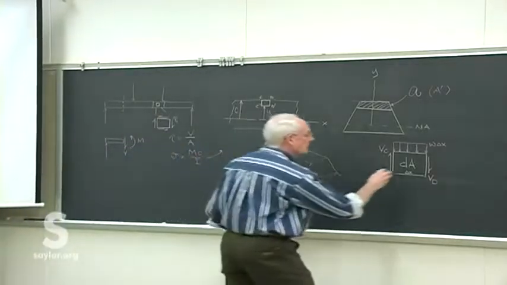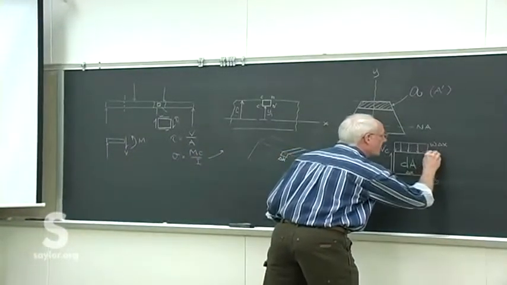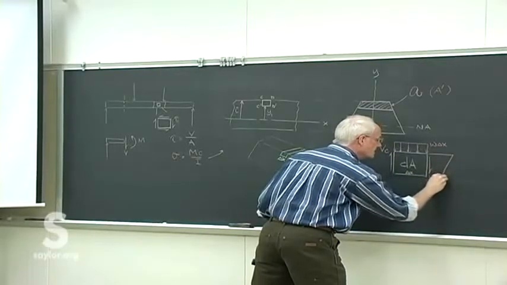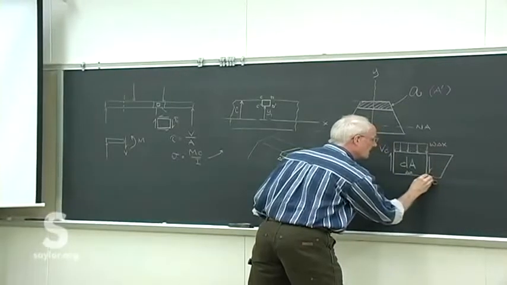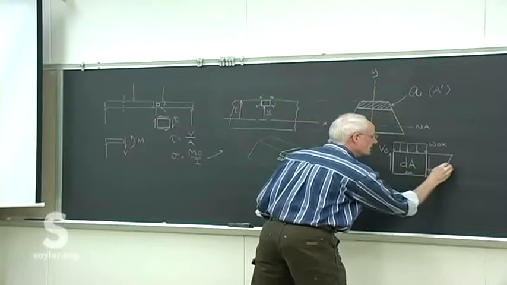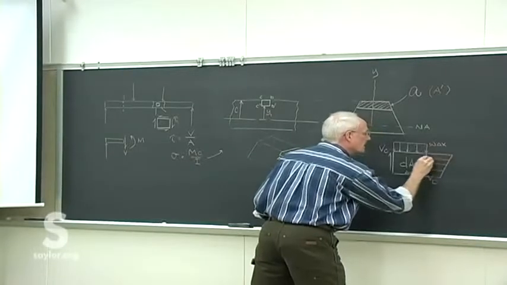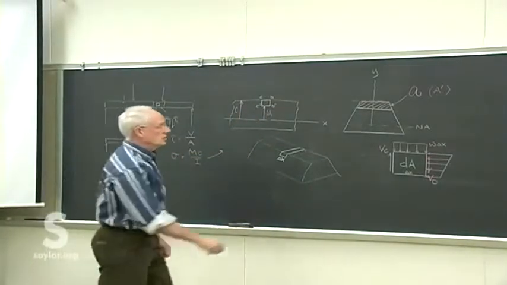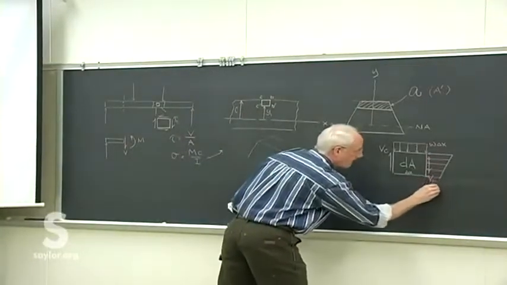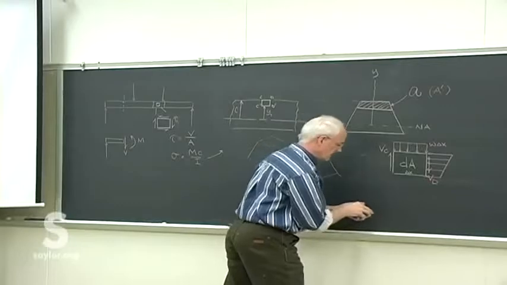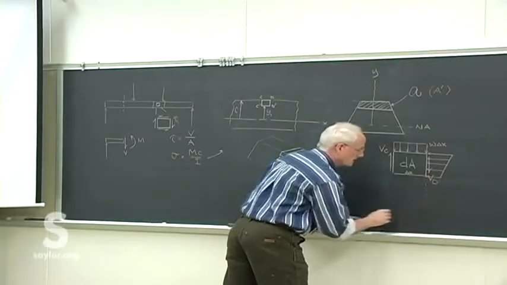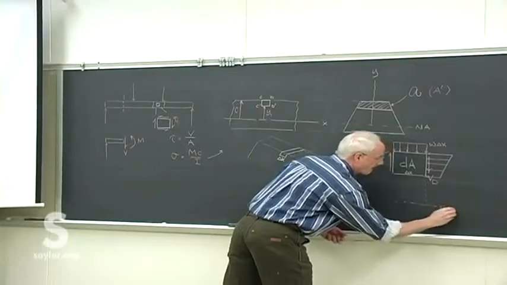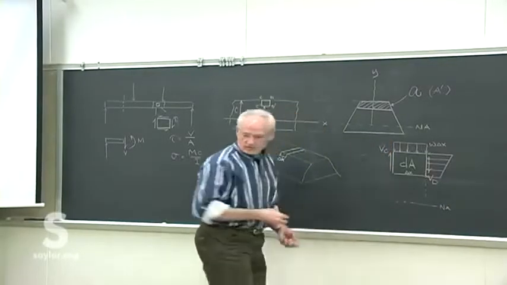And then we also have the normal stresses. And remember, those are linearly distributed from the neutral axis, however far down that is. So we have those on one side.